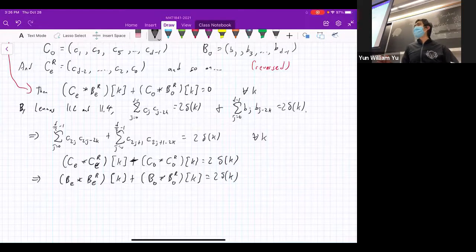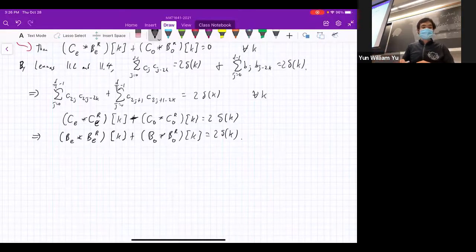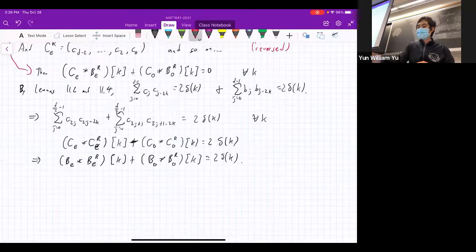Okay, everyone happy so far? Then all we need to do is rewrite this system of equations. We have three equations here, and we can rewrite these in matrix form.